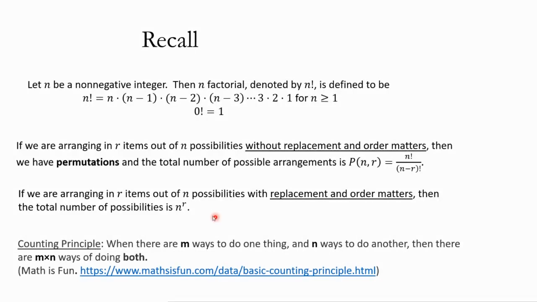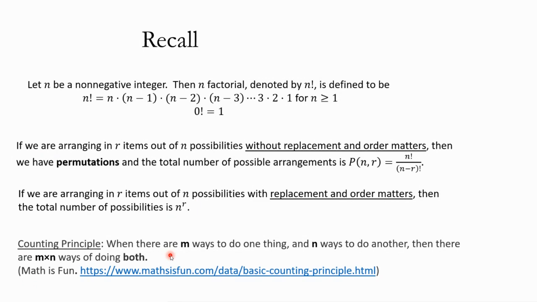Again, it's really just based on the counting principle. Speaking of which, I wrote the counting principle in a different way. I got it from this website, Math is Fun. It's a nice website, if you want to check it out. I put the website here. They state the counting principle in a way that I think is easier to understand.